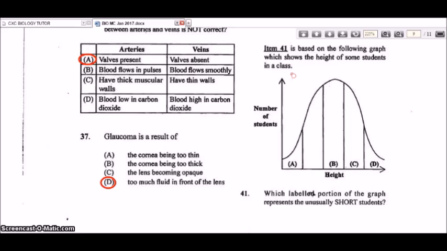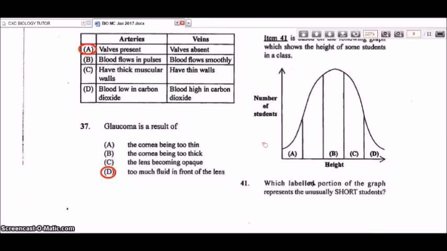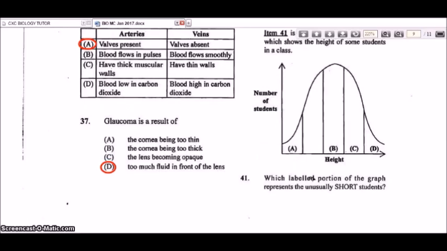So item 41 is based on the following graph, which shows the height of some students in a class. So we have a curve here in this graph, number of students versus height. So which labeled portion of the graph represents the unusually short students?